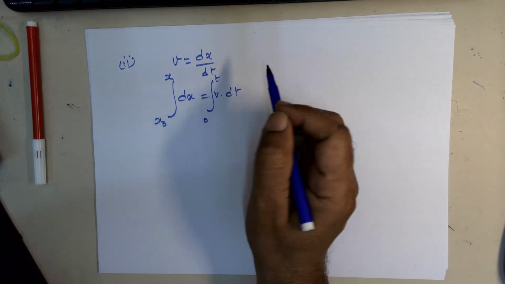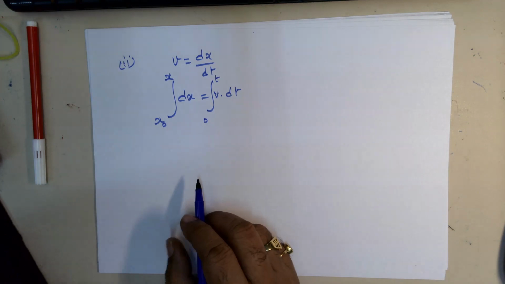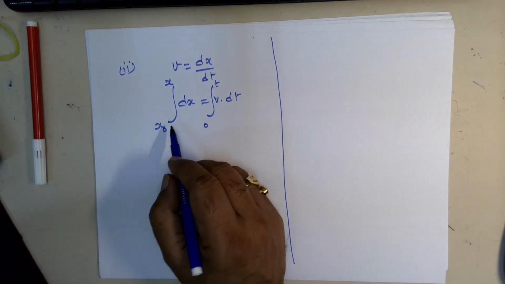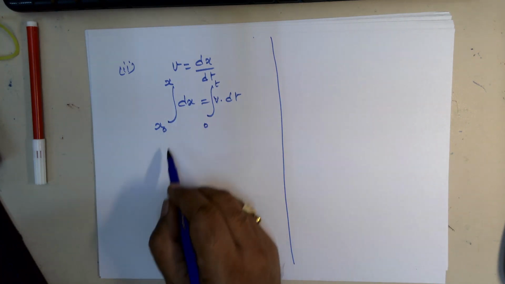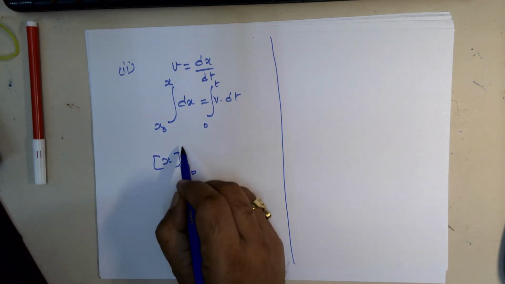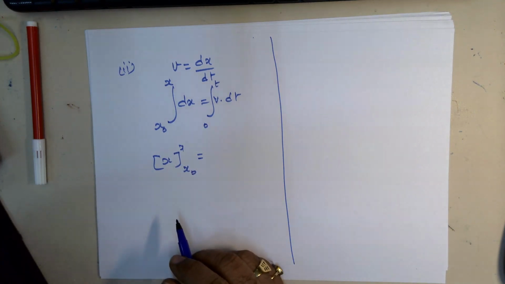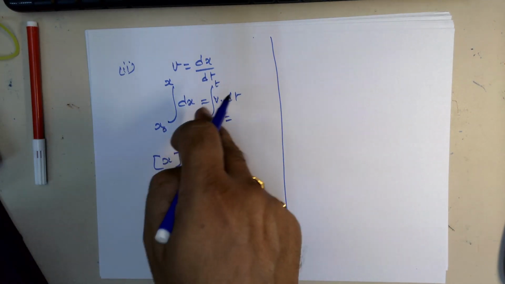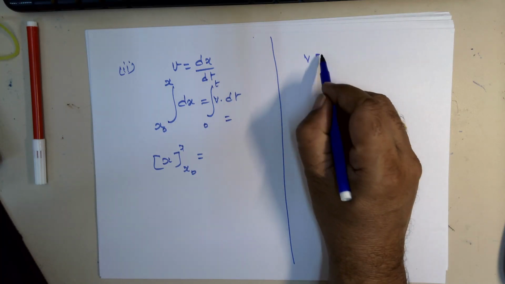Are you following? Now let us move to the next one. What do you mean by this? On integration, you get x between the limits x0 and x. But here you have a built-in t, so you have to expand it.